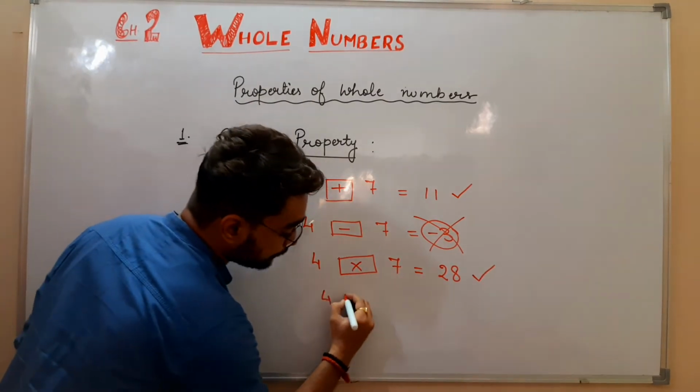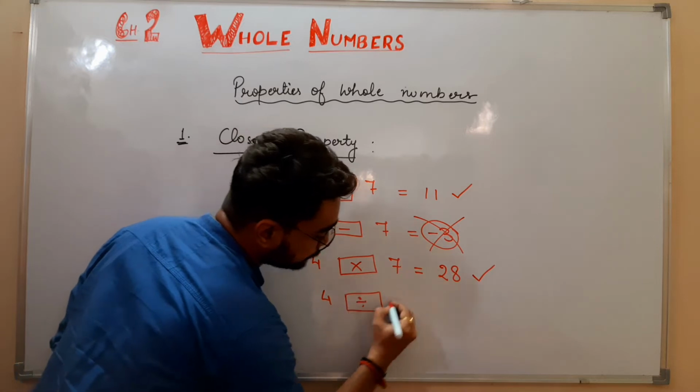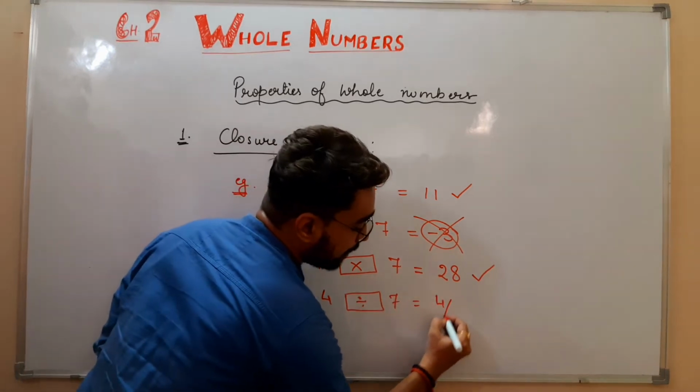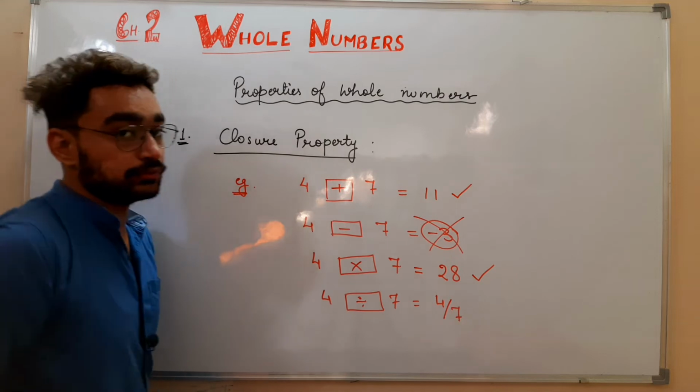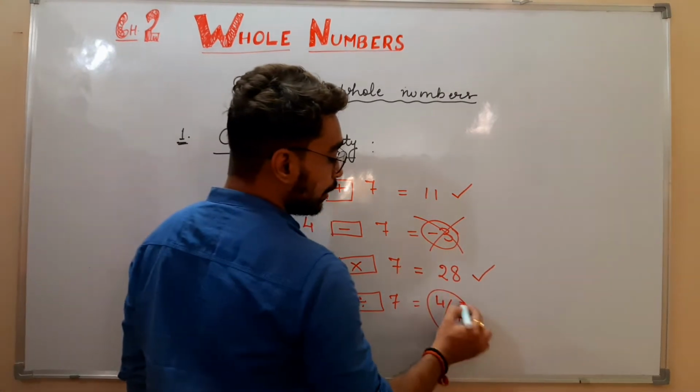Then 4 divided by 7, then it will be 4 by 7. Is it a whole number? No, it is also not a whole number.